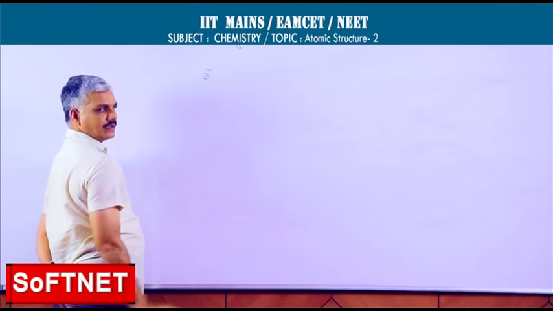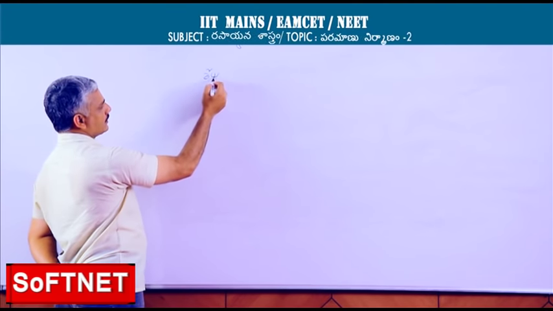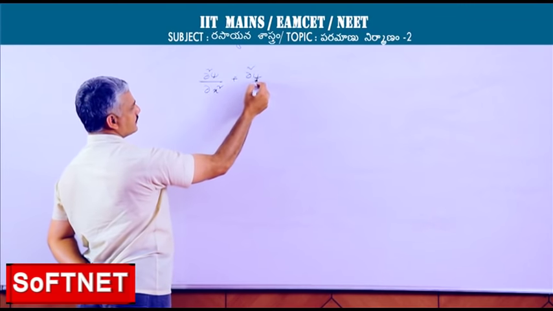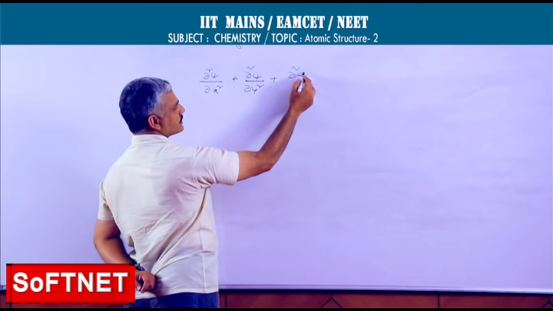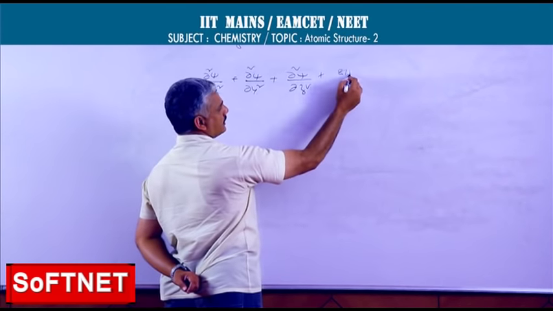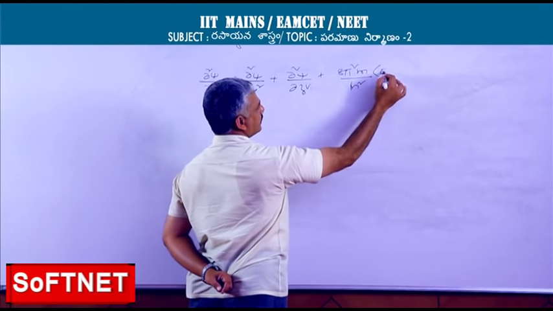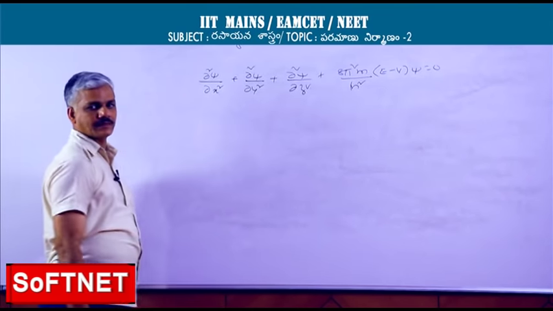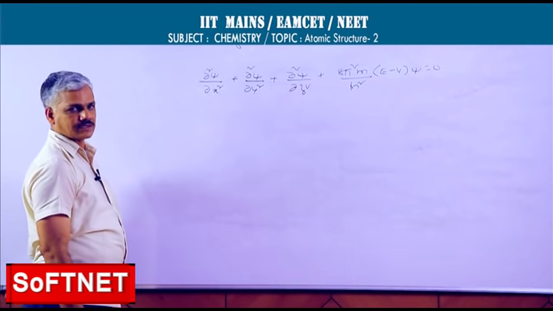The symbol is called as dou and is pronounced as dou square. Dou square psi by dou x square plus dou square psi by dou y square plus dou square psi by dou z square plus 8 pi square m by h square into E minus V into psi is equal to 0. This equation is called as Schrodinger's wave equation.